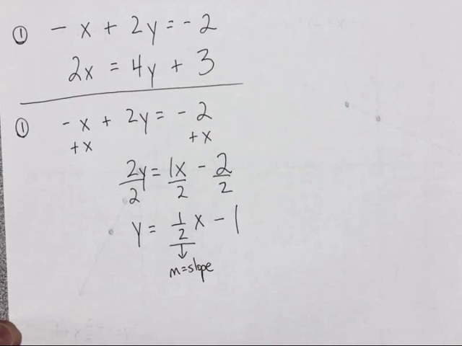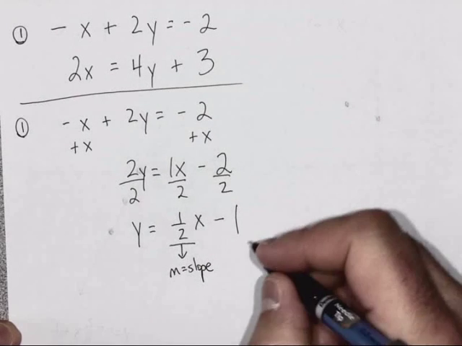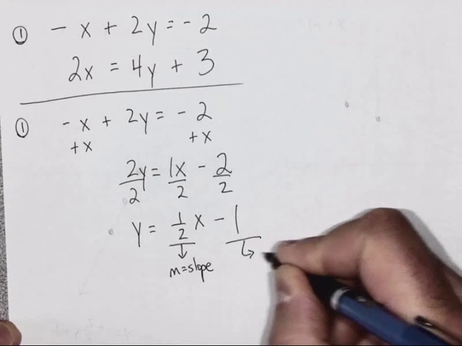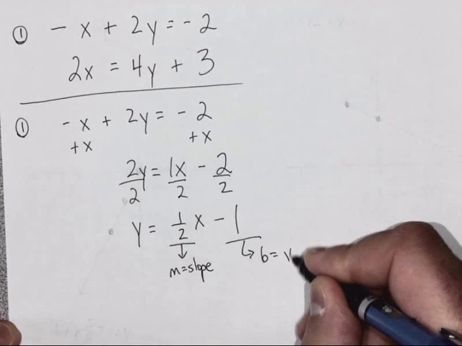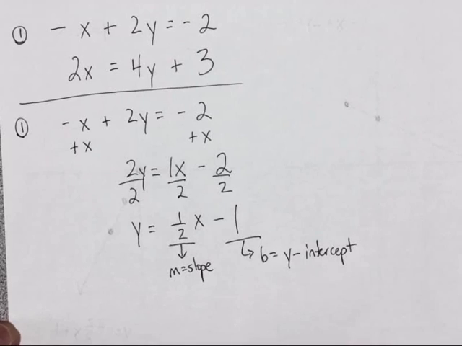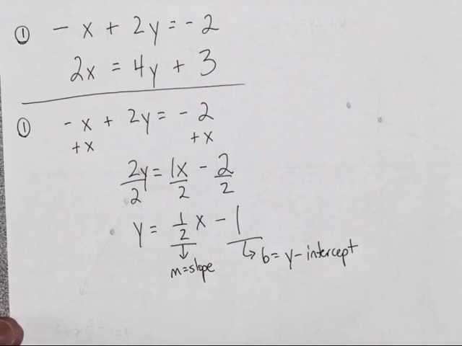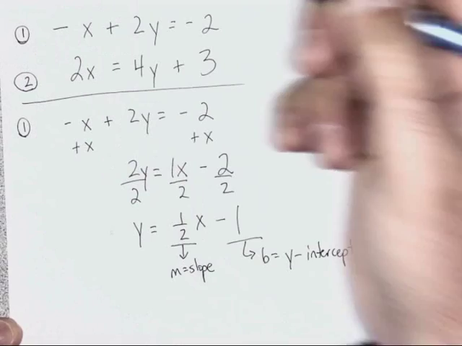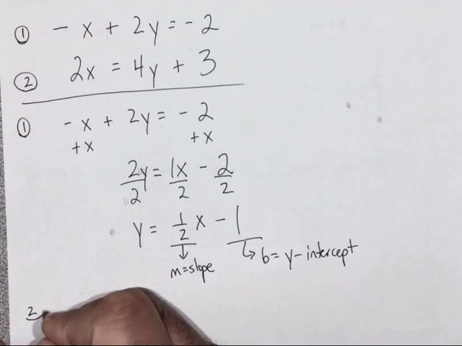That's the coefficient of the x. The y-intercept of this equation is negative 1. So that's equation 1. Let's put equation 2 in slope-intercept form.